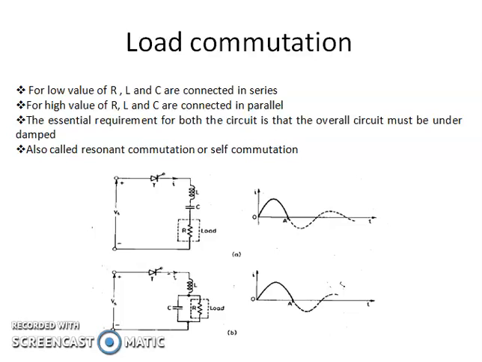Load commutation is employed in thyristor circuits supplied from a DC source. The nature of the circuit should be such that when energized from a DC source, the current must have a natural tendency to decay to zero for load commutation to occur. That is, first the current rises to a maximum value, then it reaches a zero position. At this zero position, or at this instant A, thyristor commutation happens.